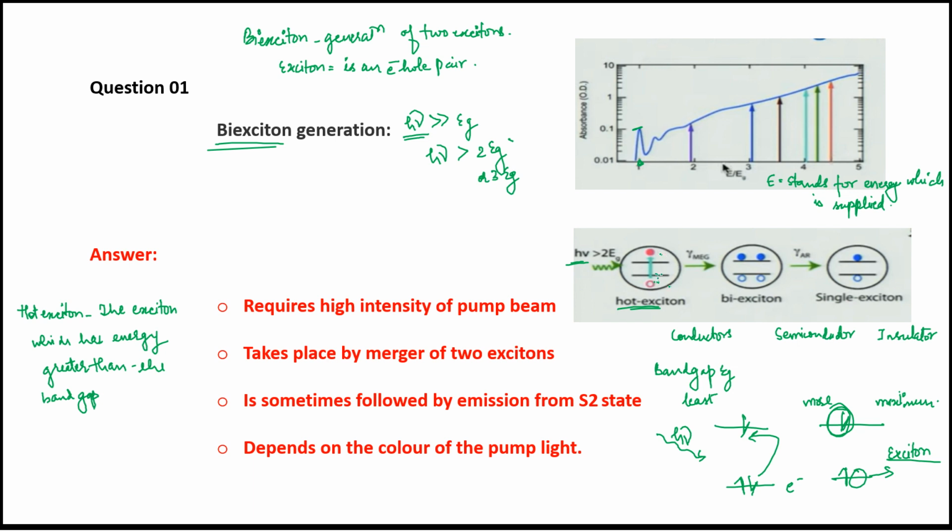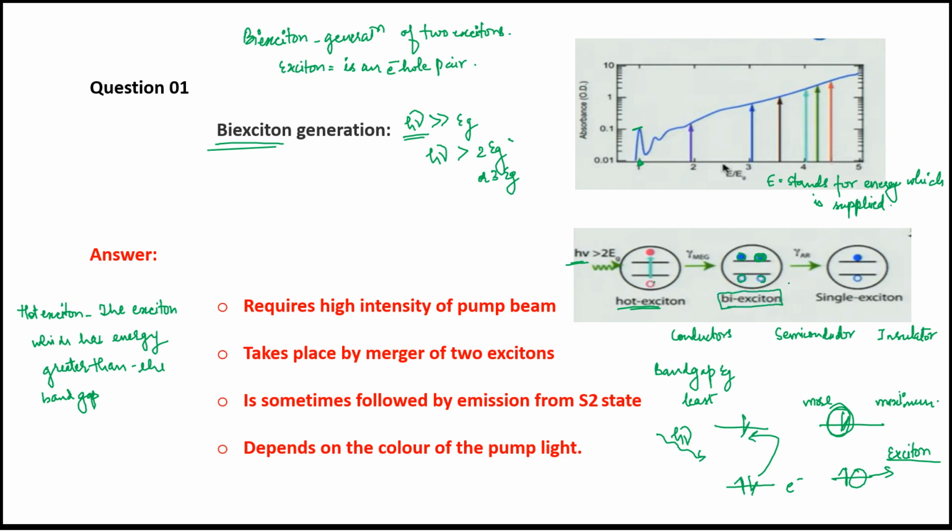Then further what happens, this hot exciton, with some amount of extra energy, excites one more electron from the ground state. As soon as this electron is excited to the higher state, there is generation of two high energy electrons generating two holes, and this is called the bi-exciton.